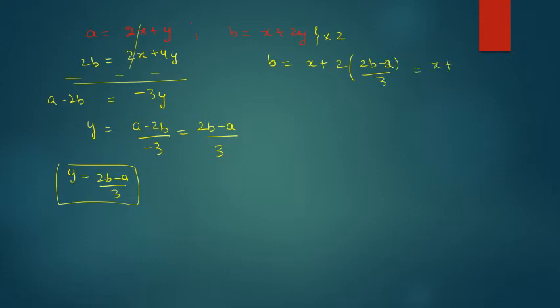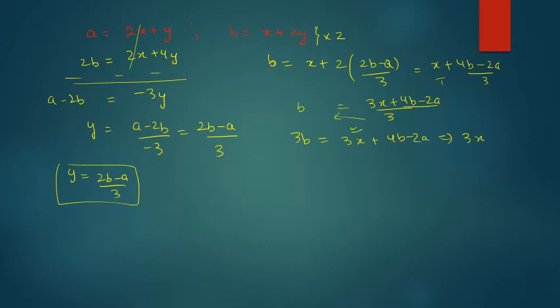That means x plus (4b minus 2a) by 3. Then taking the LCM, 3b is equal to 3x plus 4b minus 2a. Hence, keep 3x here only and take these two terms onto the other side: 3b minus 4b plus 2a, right? So 3x is 2a minus b, so x is (2a minus b) by 3.